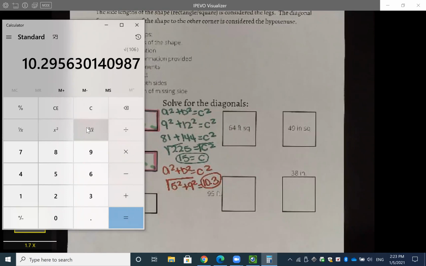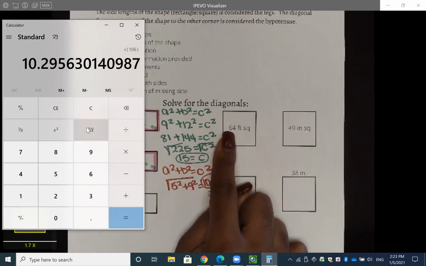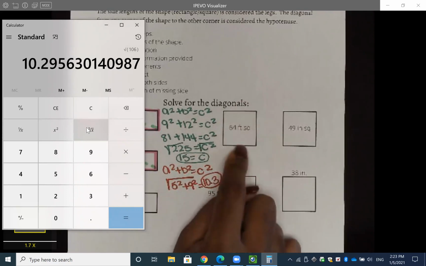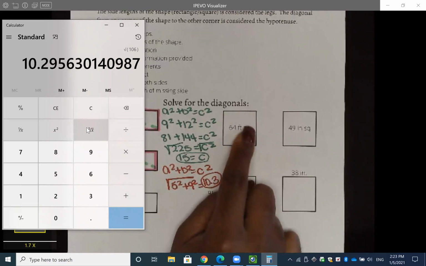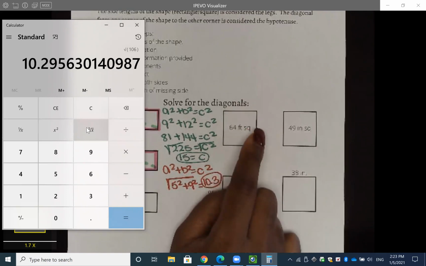Okay, so now let me show you how to do this one. If it is 64 feet squared, meaning it's the area of the square, the first thing you need to do is find the side lengths of it. And remember, for squares, all four sides are the same.